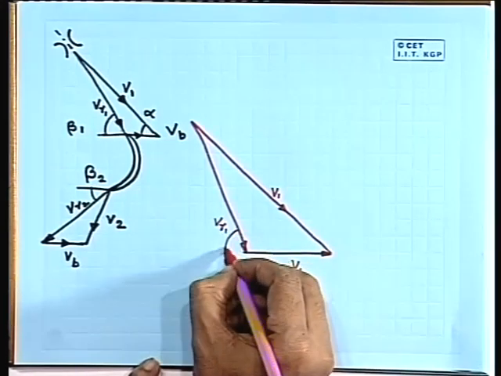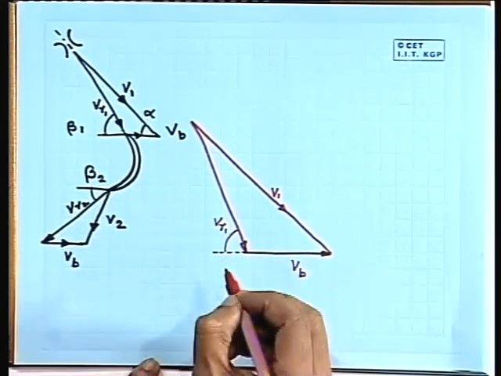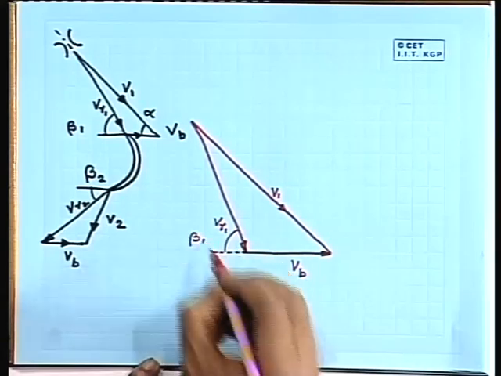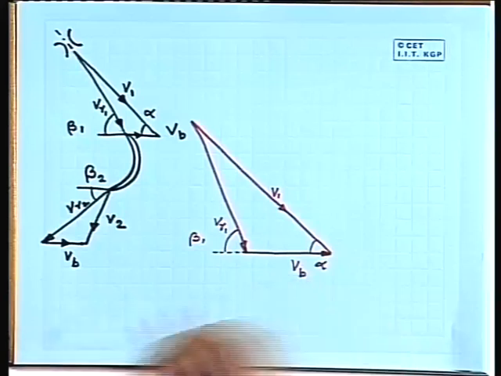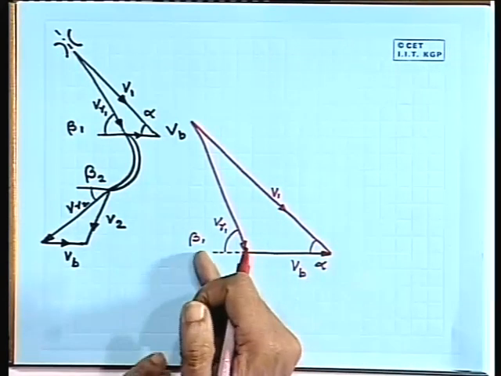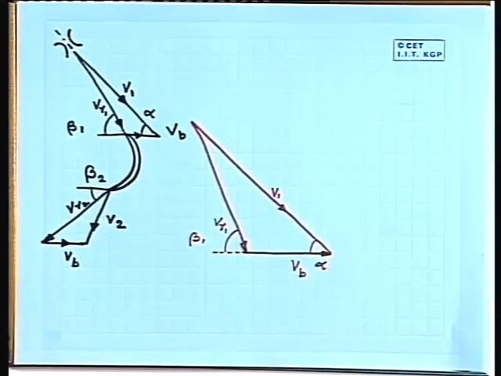We will have beta 1 and this is alpha. Again let me repeat, beta 1 is the inlet velocity angle and alpha is known as the nozzle angle, and we can see from the geometry alpha is smaller compared to beta 1.